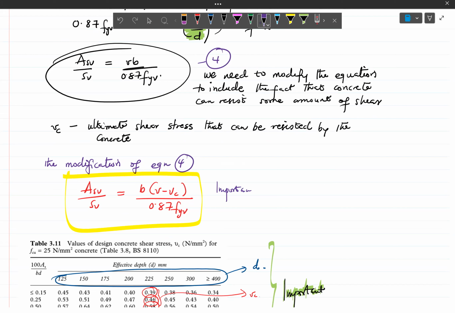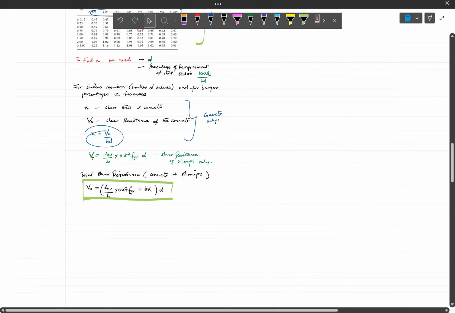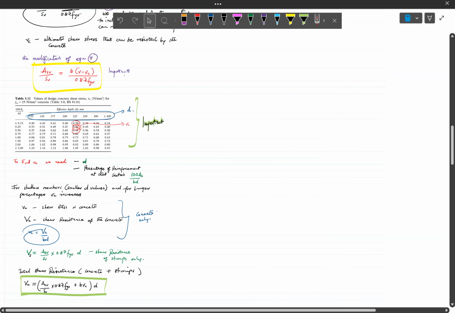I will notify you of the important equations as we go along. So again, I think we are still on the stirrups.